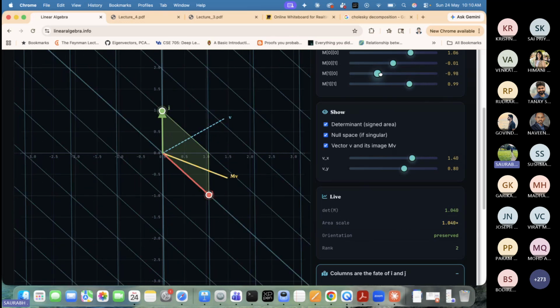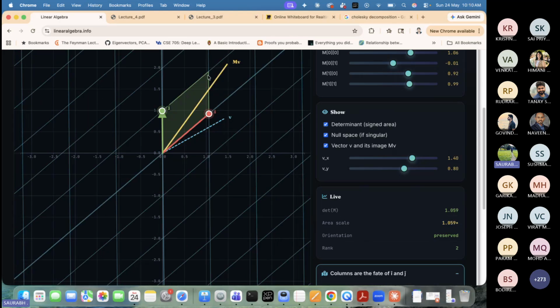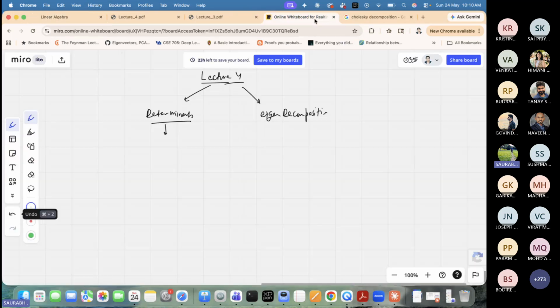So in 2 dimensions, it is area. In 3 dimensions, it would be volume. In n dimensions, it would be hypervolume. So determinant is nothing but the change in area, but there are various different formulations to calculate the area or volume while this transformation is happening.